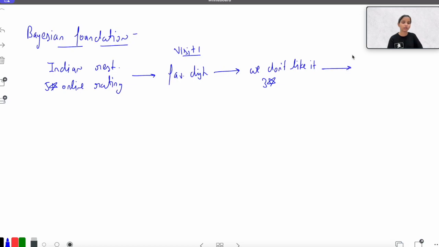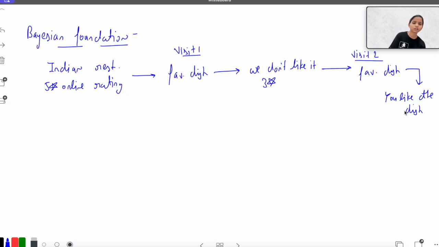Then on your visit 2, you again order your favorite dish, and this time you like it. You say, oh, I like it, so let's update the rating of this restaurant. I'm now going to give it 4 stars.